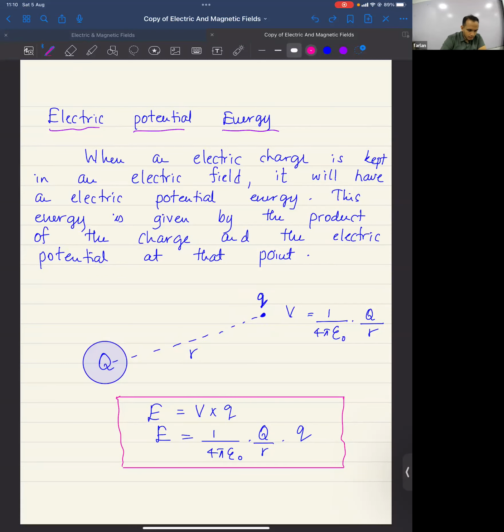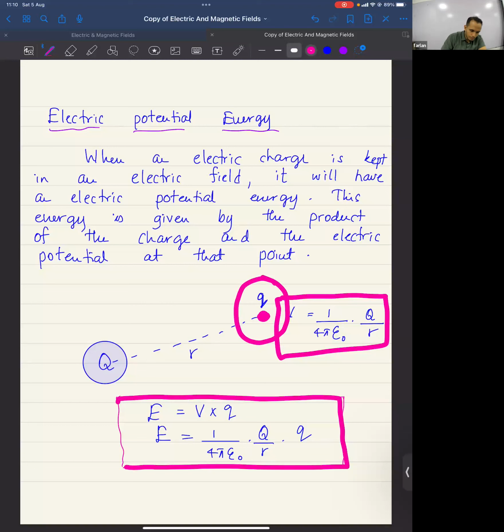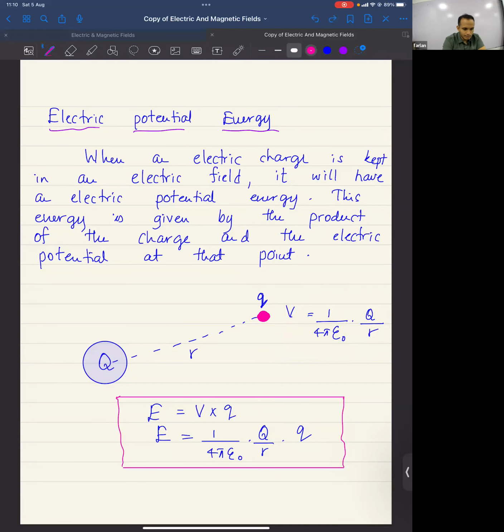At this point, the electric potential we know, V equals 1 over 4 pi epsilon naught Q over R. So the electric potential energy of this charge q will be V into q. That is 1 over 4 pi epsilon naught into Q over R, the electric potential, multiplied by the charge. So basically the electric potential energy will be 1 over 4 pi epsilon naught Q1 Q2 over R, the product of the two charges over R. Take it down.